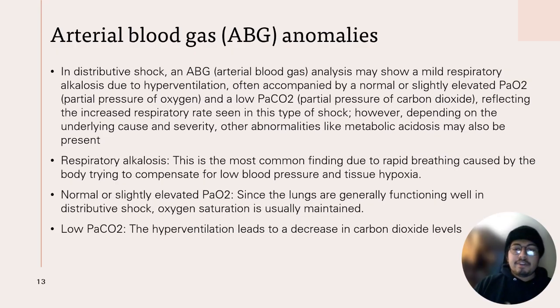Because the patient is breathing heavily, because of either fever or whatever is going on inside the body, respiratory alkalosis is most common, with rapid breathing, a normal or slightly elevated PO2 since the lungs are generally functioning well in this type of shock, and low PaCO2, of course, due to the hyperventilation.